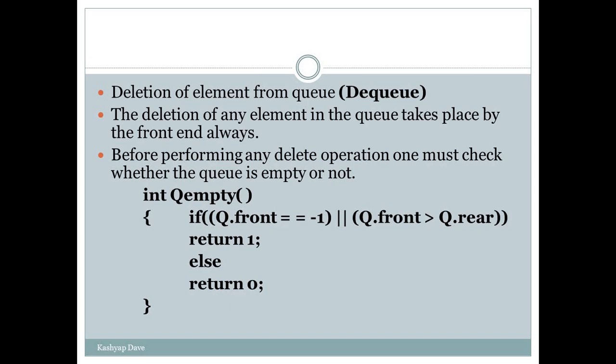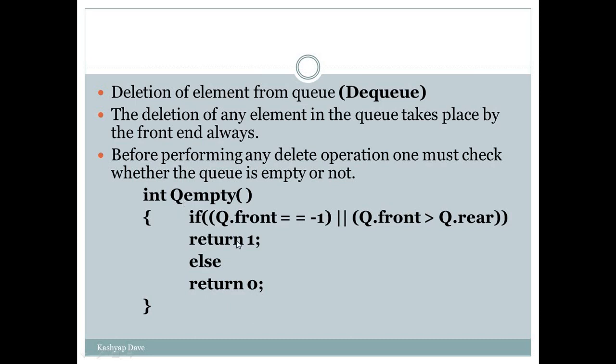Now let's see dequeue operation. In dequeue operation, we will have to check whether our queue is empty or not. Why? Because if our queue is empty, then we cannot perform our dequeue operation. For it, we have to check if queue dot front is equal to minus 1 or queue dot front is greater than queue dot rear. Both of these conditions say that our queue is empty.